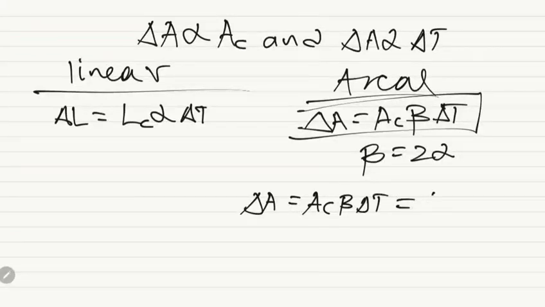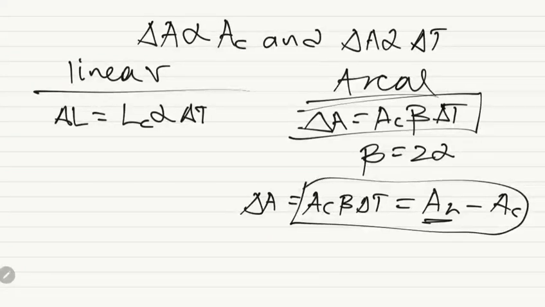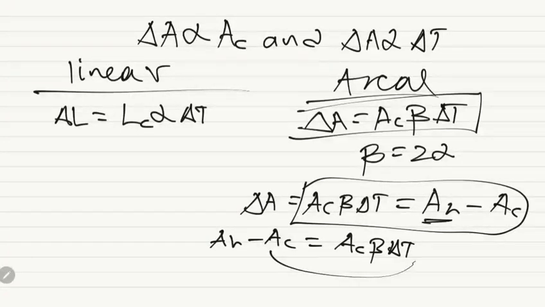This is the same as the area at the hotter temperature minus the area at the colder temperature. So let's write the expression for the area at the hotter temperature. Taking this equality, the area hotter minus the area colder is equal to the area colder times beta times the change in temperature. So move this one to here.